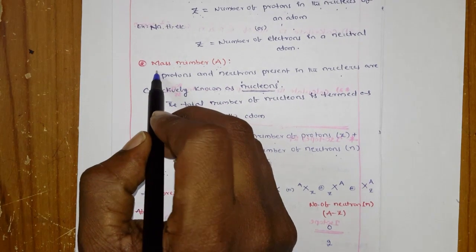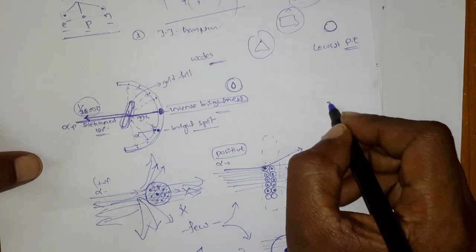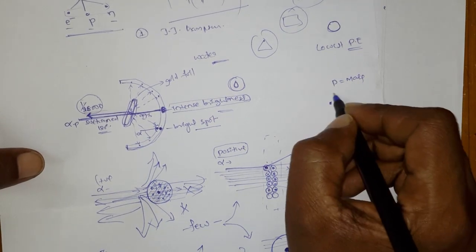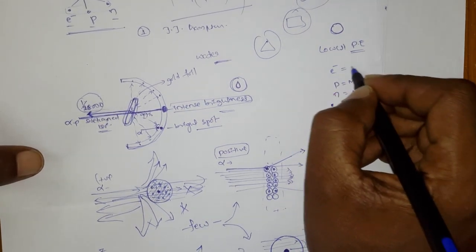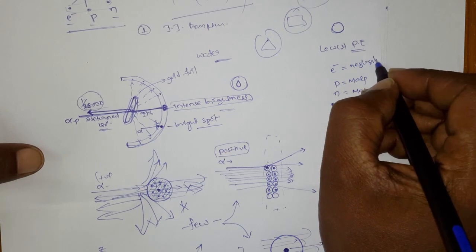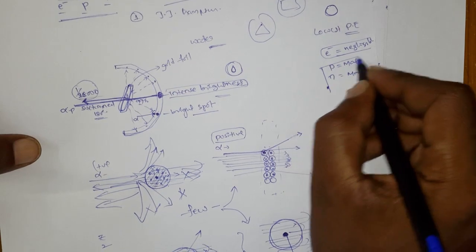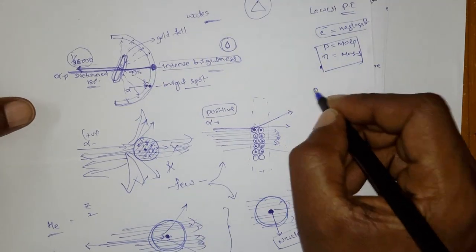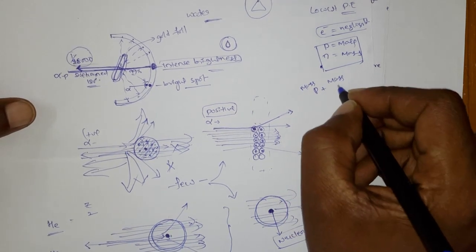Why are we calling it the mass number? In an atom, protons possess mass and neutrons also possess mass, but the electron's mass is relatively very small, so it is negligible. So the atom's mass is obviously the mass of protons plus the mass of neutrons.